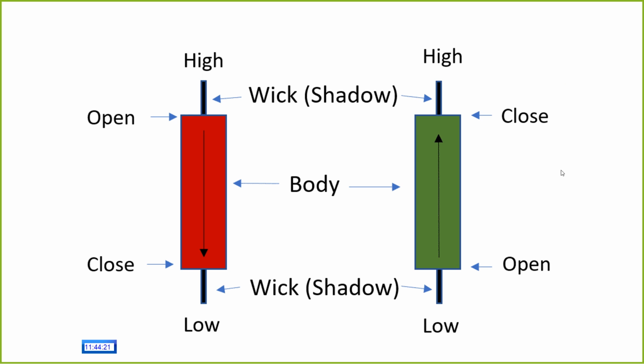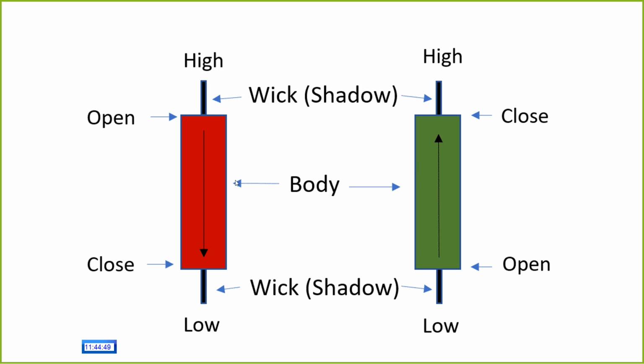So most of you already know this, but just in case you don't, when we're looking at a candlestick, the body of the candlestick shows where the stock opened versus where it closed, and the wicks symbolize the high of that candle and the low of that candle.